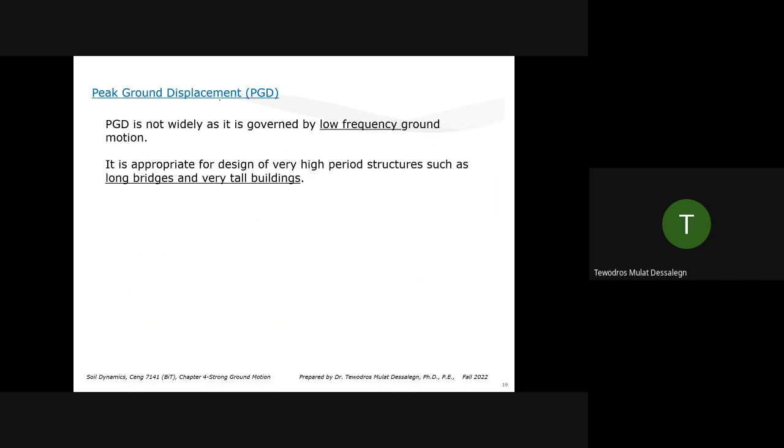We don't often use PGD for design, because it's a very low frequency parameter. It's usually applicable if we are dealing with very long bridges or structures with very low frequency, or very tall buildings. In that case, there is some application to it.